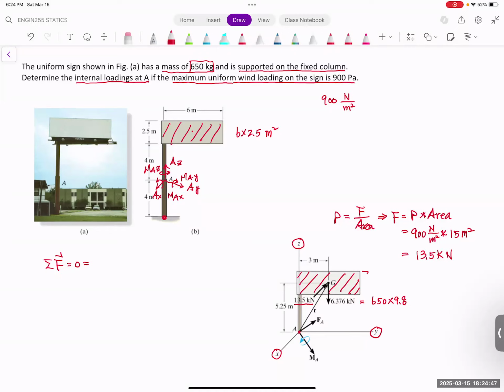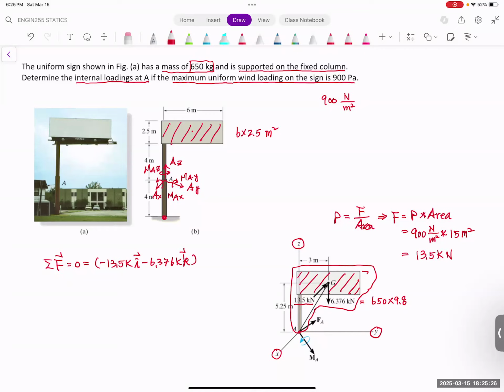For this whole part here, just look at this one here. The force is going to have two components. The external force, you have a wing load, which is negative 13.5 thousand in the i direction, that's the x direction. You have the weight, which is in the z direction, also minus 6.376 thousand, in the k direction, negative k.